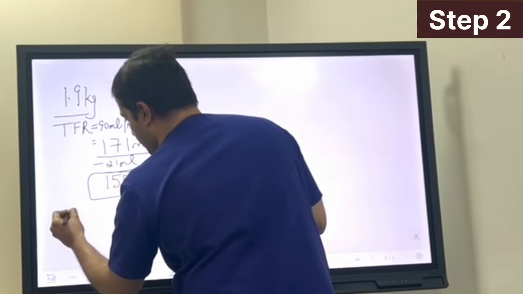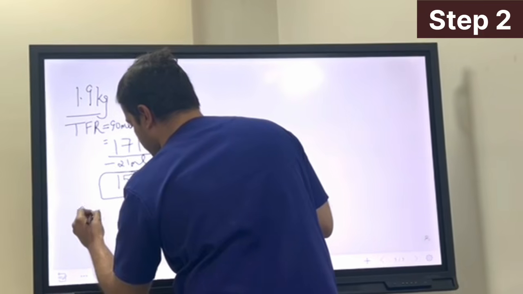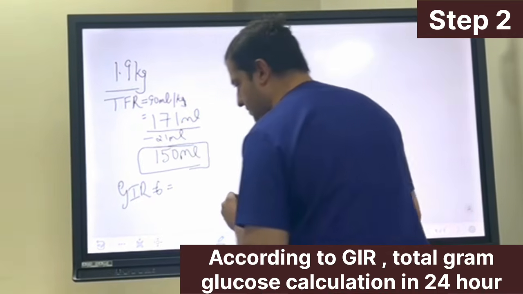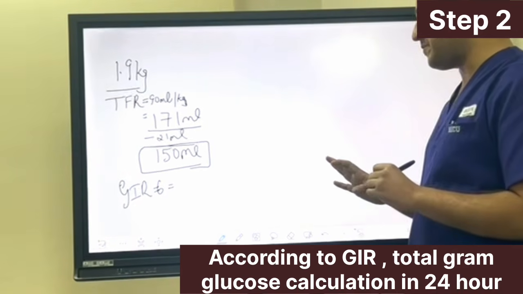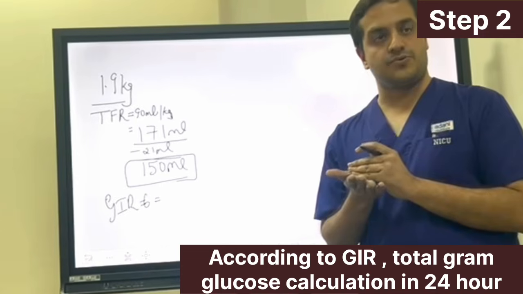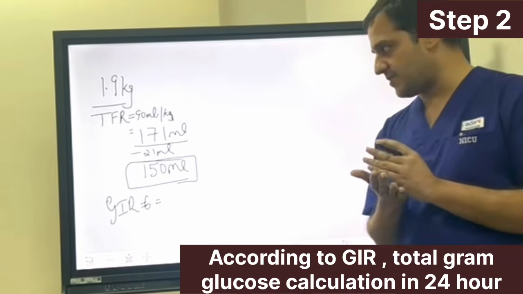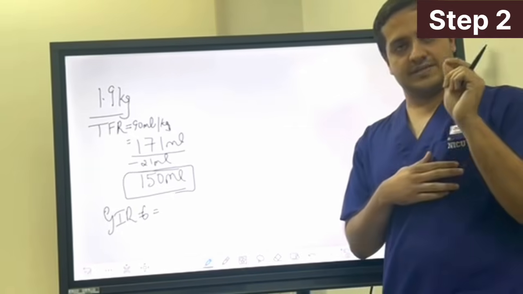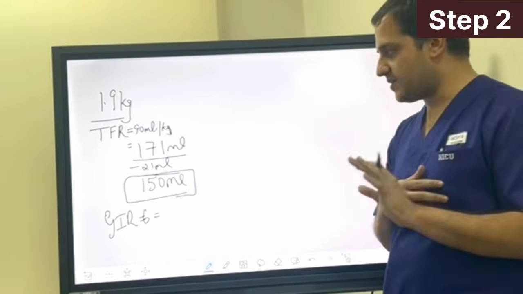So if I start with a GIR of 6 for this child, I have to prepare a fluid such that when this fluid is going on continuously, as a glucose infusion rate, it should give 6 mg per kg per minute.